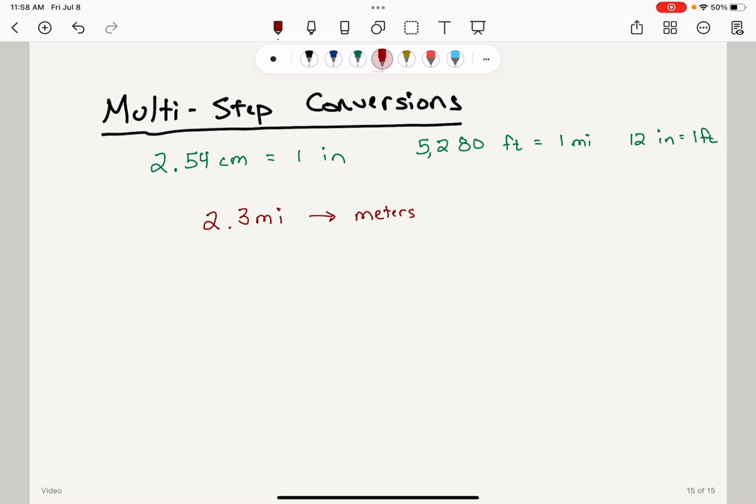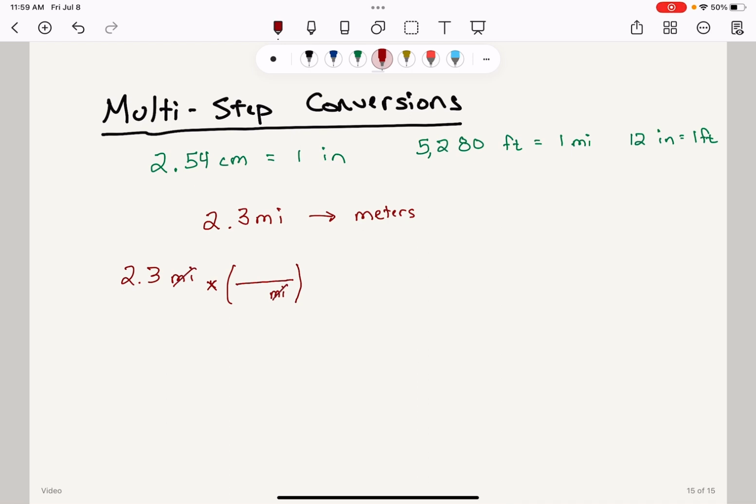So here's what I'll do. The very first thing, same rules apply. 2.3 miles, I'm going to write that first. And then I'm going to think of this as a multiplication problem. I've got all these conversion factors. I could look some up if I needed to, but I know that I'm going to multiply it by a conversion factor that has miles in the denominator because I want to be able to cancel the miles.